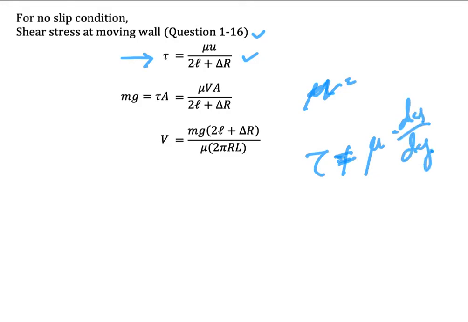For slip condition, you need to use this equation. We substitute into the basic idea, which is weight is equal to tau A. We substitute the value of tau, and then we can rearrange the equation to get the value of V. This is the equation to get the velocity if we take slip condition into account.